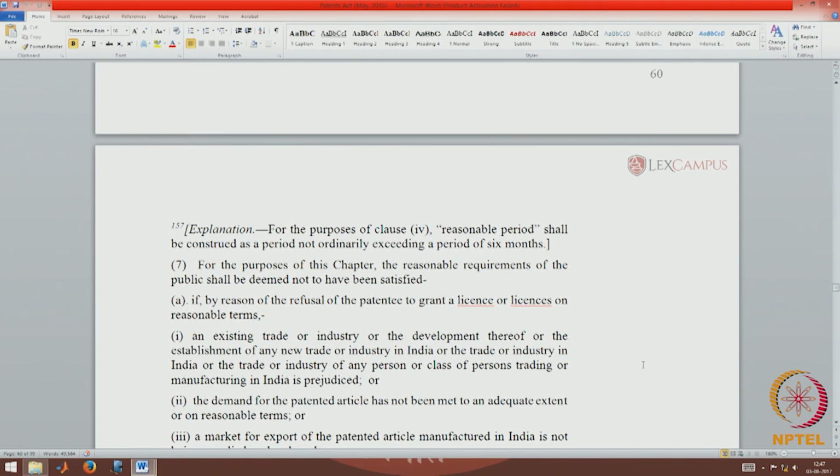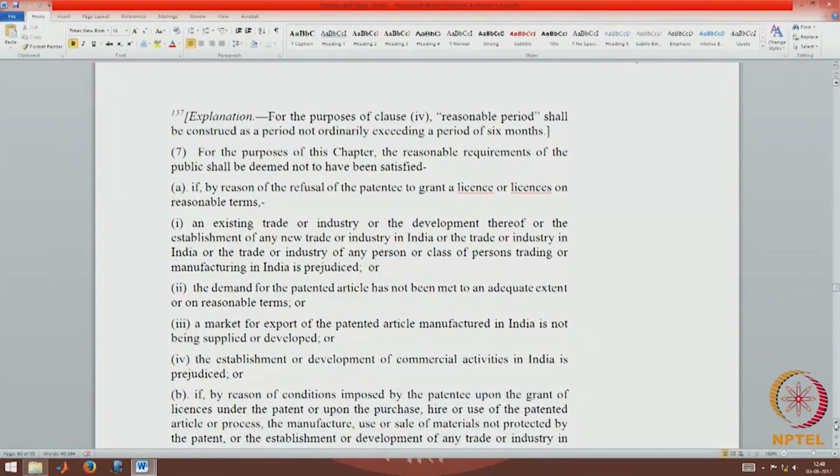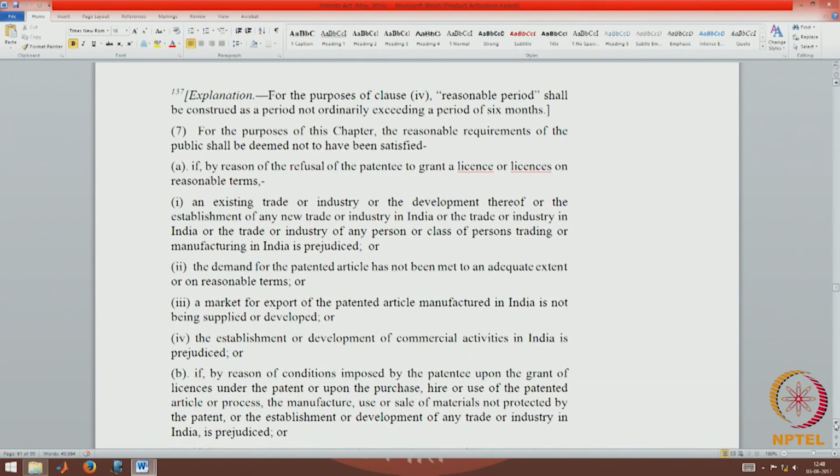7. For the purpose of this chapter, the reasonable requirements of the public shall be deemed not to have been satisfied. Now, this is an explanation of ground A, 84(1)(a), reasonable requirement. Now, 7 describes what we understand as reasonable requirements of a public. A. If by reason of a refusal of the patentee to grant a license or license on reasonable terms, 1.